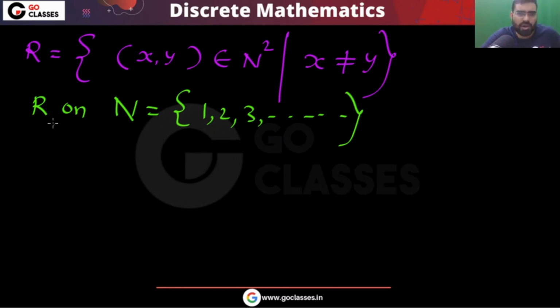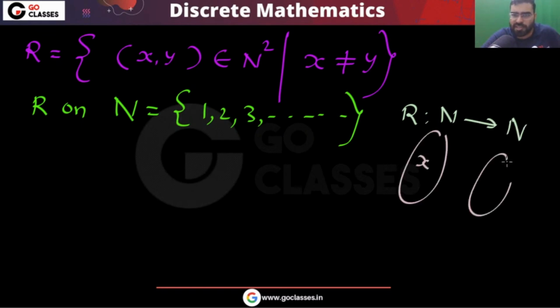Now you have a relation on the set of natural numbers. It means that this relation is from the set of natural numbers to the set of natural numbers. An element x is related to an element y if and only if x is not equal to y.